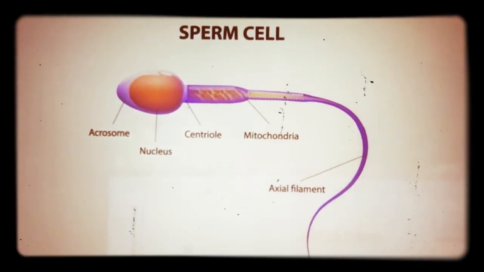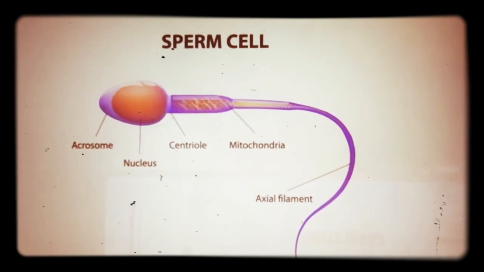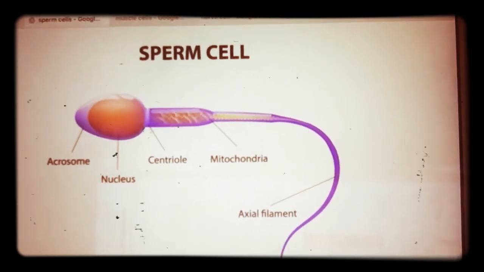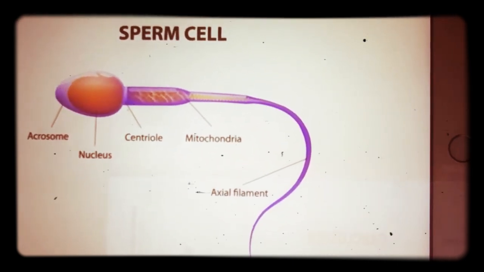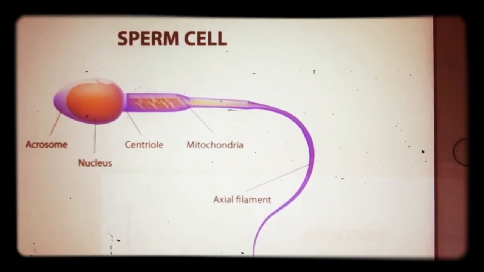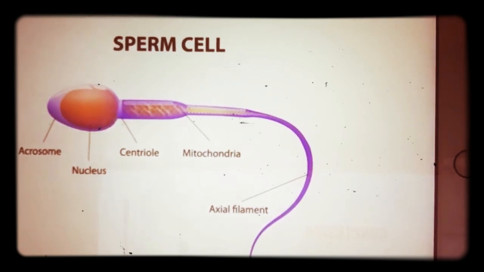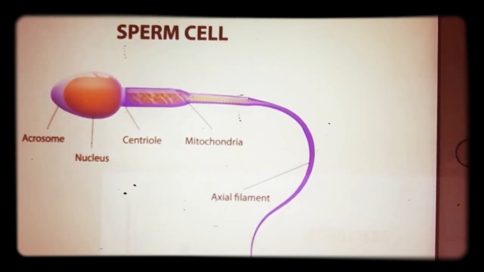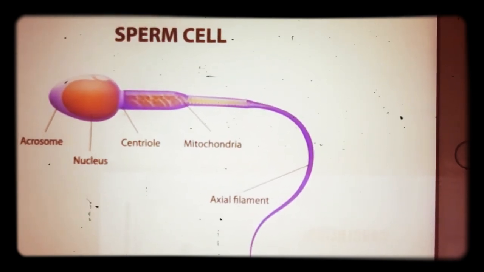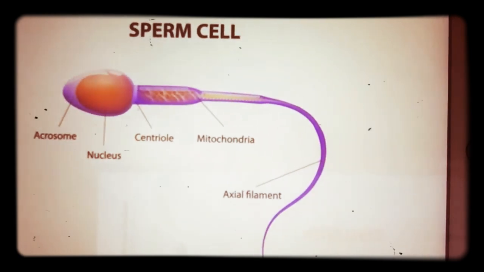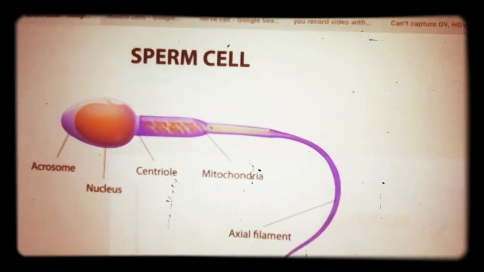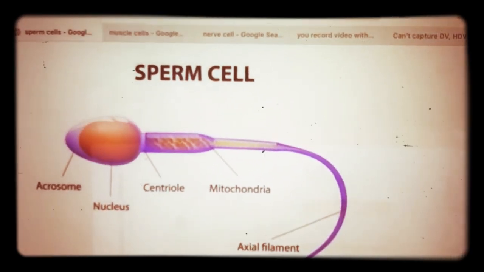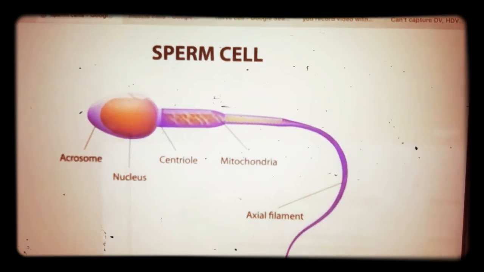The sperm cell carries the genetic material, the male genetic material, to the egg cell. Some of its adaptations, you can see there, it has a tail. Saying it has a tail is quite simplistic.